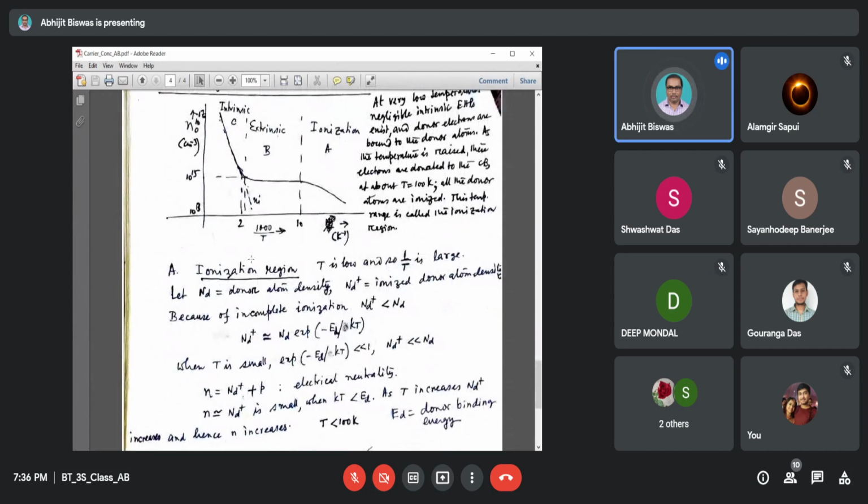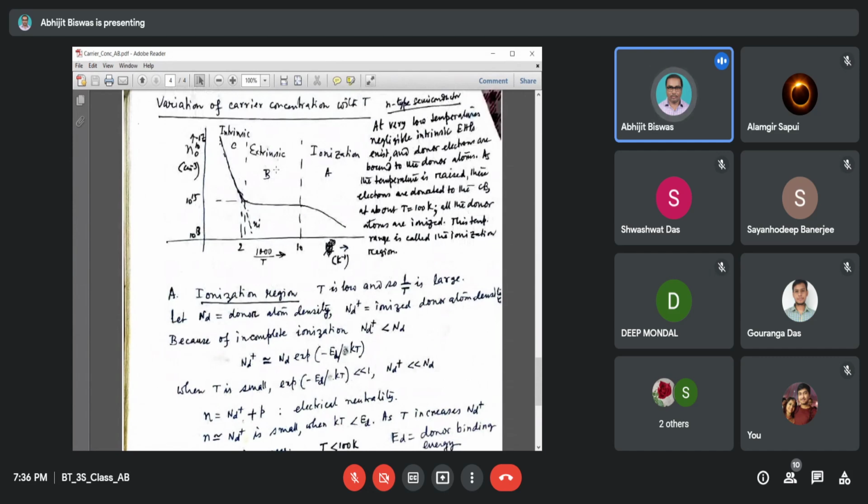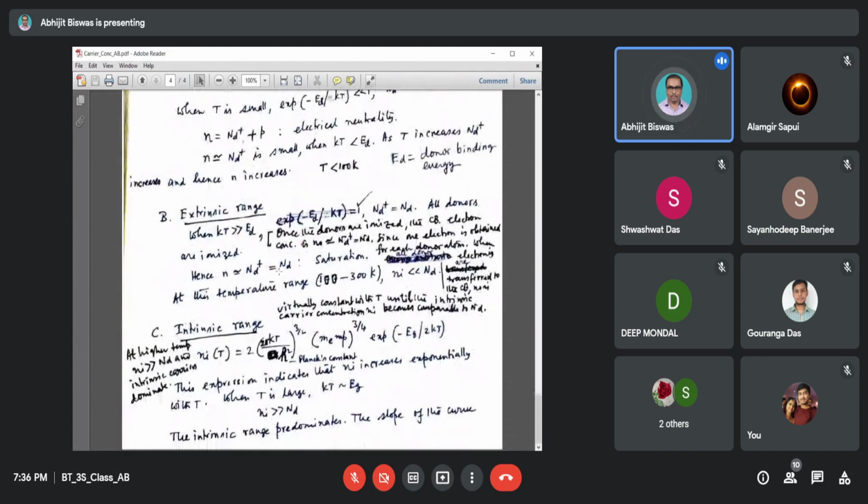There will be a huge amount of thermal energy and that will generate electrons from the valence band, and electron hole pairs will be generated, and the intrinsic carrier concentration will supersede the donor concentration, and therefore there will be an exponential, steep rise in the electron concentration, denoted by C, and this region is the intrinsic region.